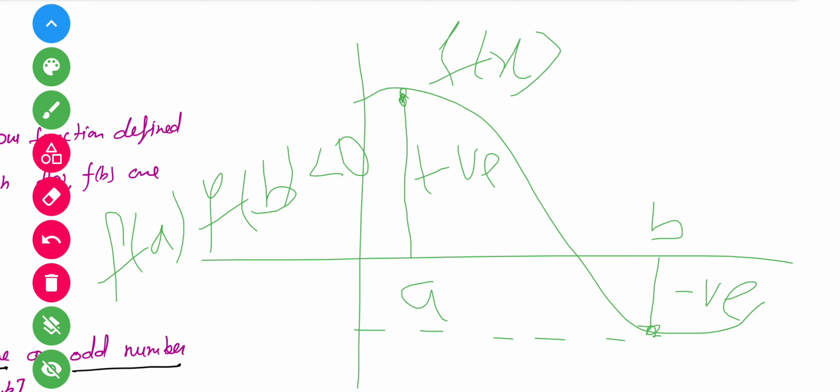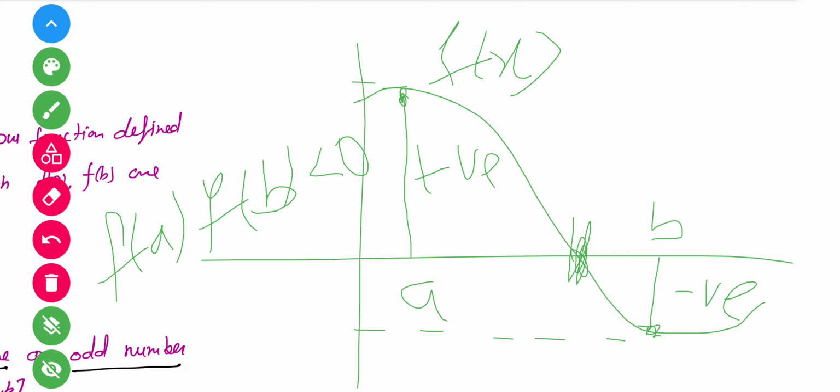This is negative at point B and positive at point A. You can see that. If that kind of situation occurs, then obviously between the interval of points A and B, if the function is continuous, then the graph should cross the x-axis for sure. You can see at this point the graph is crossing the x-axis.